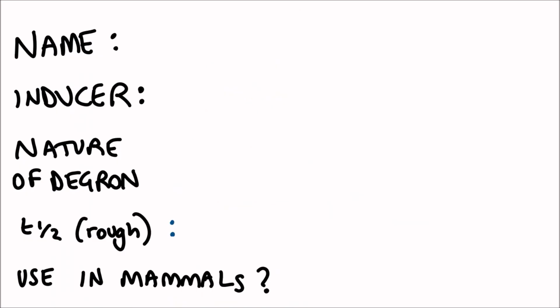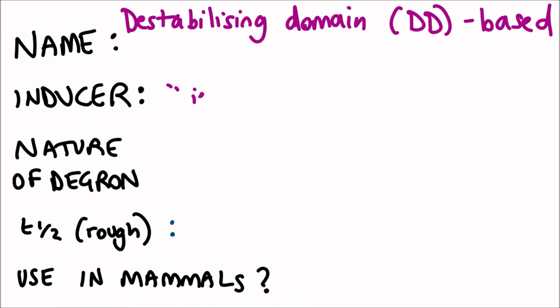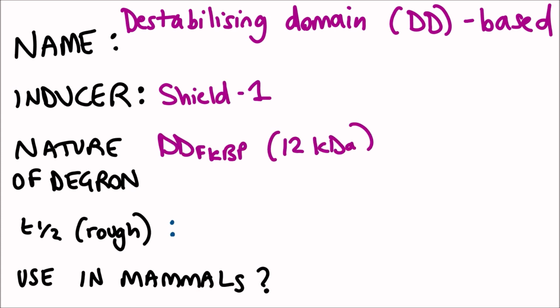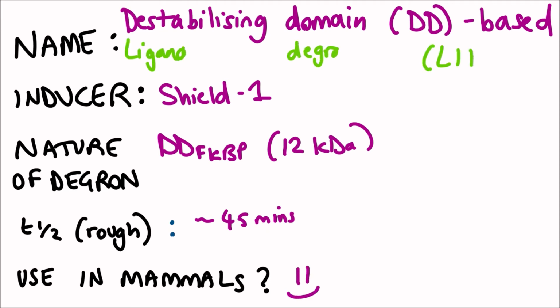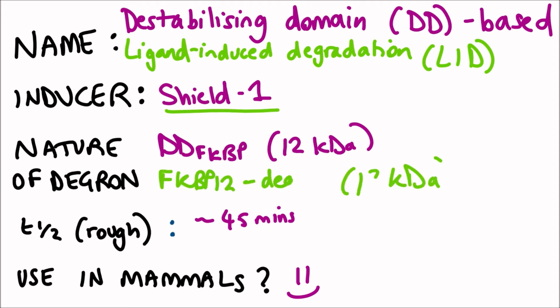Alright, so the last small molecule degron system I'm going to tell you about involves the small molecule SHIELD1. And so SHIELD1 can bind to either a destabilizing domain or it can bind to a ligand-induced degradation domain. And so the nature of both of these degrons is very similar in that they're both derived from the FK506 binding protein.